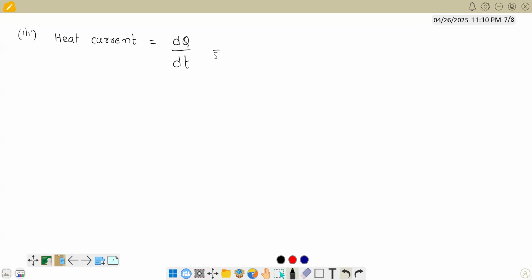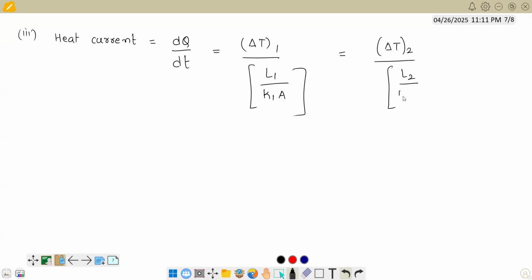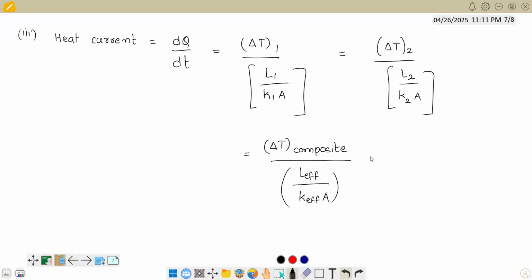If you want dQ by dt, we can use delta T of the first bar divided by L1 by K1 A. We can use this one also, delta T of the second bar divided by L2 by K2 A. Or else we can use delta T of the composite, if you assume we are replacing this with a single rod, divided by L effective by K effective into A. You can use any of these formulas. For the composite, it is simply T high minus T low. L effective is L1 plus L2, with K effective and A effective substituted. I'll use the first formula and solve the problem.